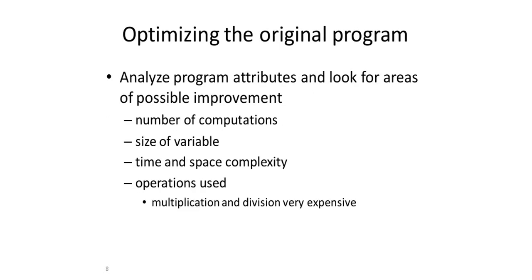If I modify the original program, what could the possibilities be? I can reduce the number of computations. I have to optimize the program in such a way that I am able to reduce the number of computations. I could reduce the size of variables, time and space complexity, and the number of operations used.